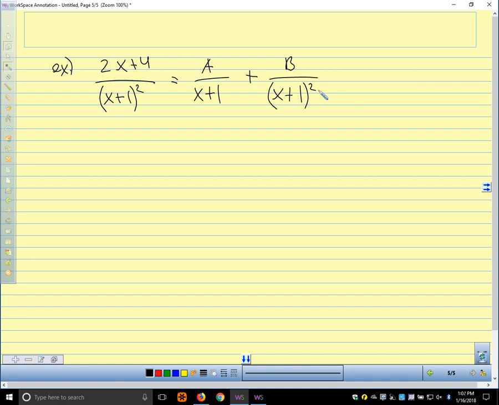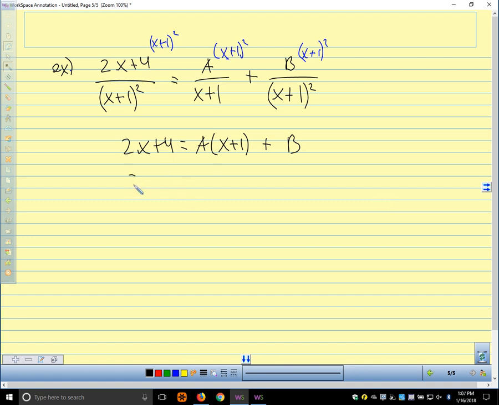Now we're going to clear fractions. So I'm going to multiply everything by x plus 1 squared. I'm not going to write out all the steps here. And I'm going to write this as 2x plus 4 equals, one of these x plus 1s cancels with one of these, so I get a times x plus 1 plus b.